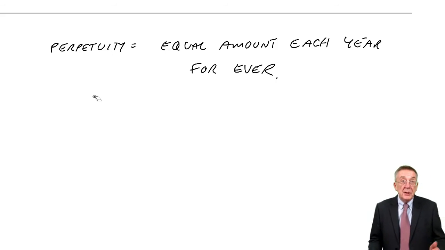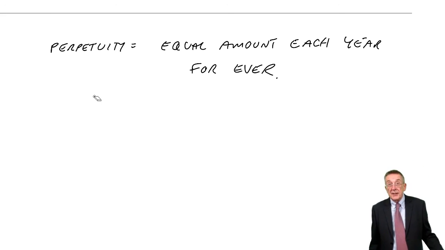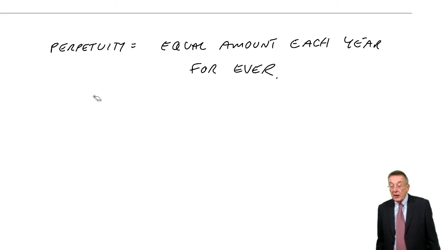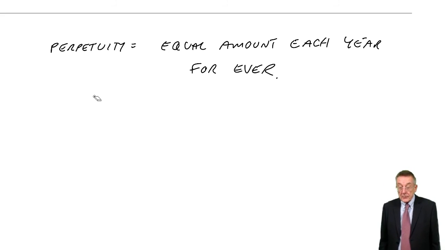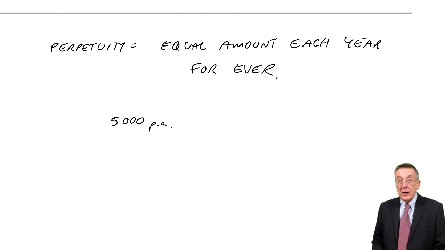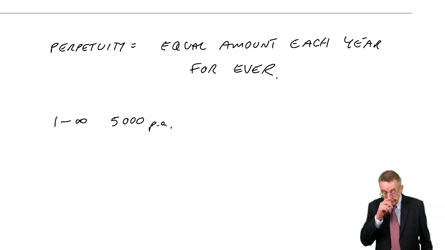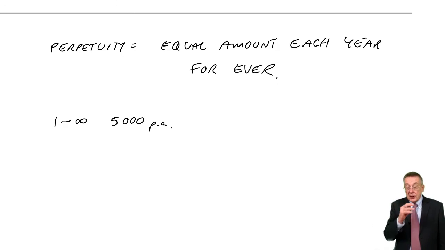And you can't use your annuity tables because the annuity tables only go up to 15 years. This is carrying on forever. Well, the way we write it, how much was it? It's 5,000 per annum. We write it as 1 to infinity. It's 5,000 each year forever.